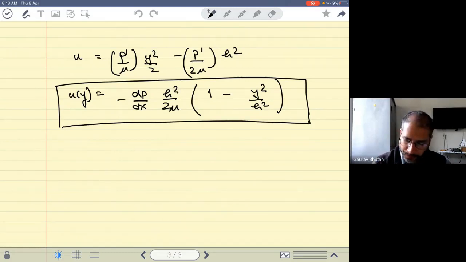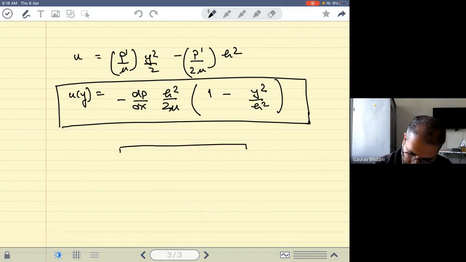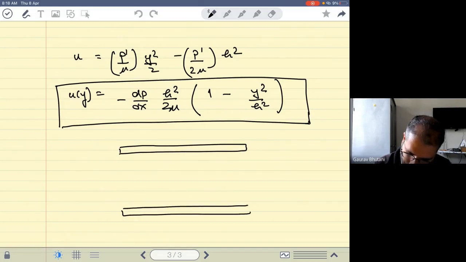So if I was to draw this profile, the velocity profile, then it will be something like this.